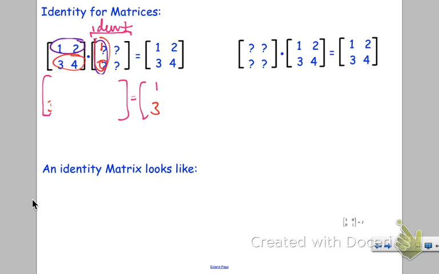And then if we do the second column, that times that, well, that's going to be 1 times that first question mark, and then 2 times that second question mark.